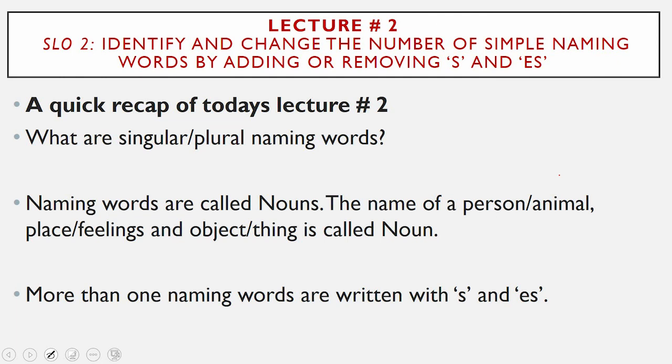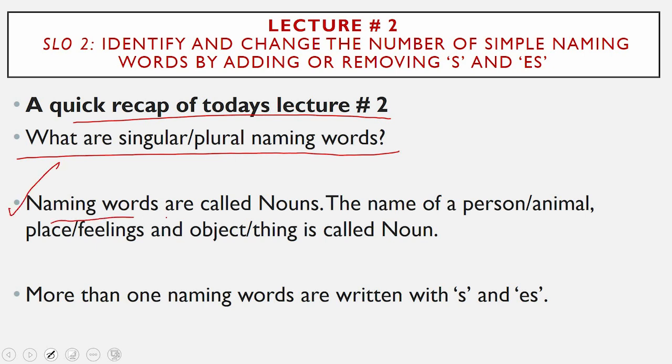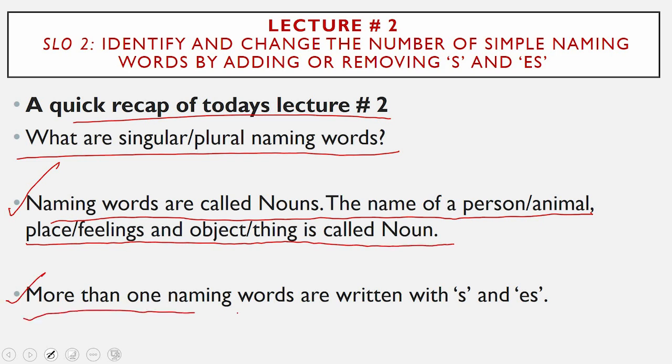So let's have a quick recap for today's lecture. What are singular or plural naming words? Naming words are called nouns. The name of a person, animal, place, feelings and object thing is called noun. More than one naming words are written with S and ES.